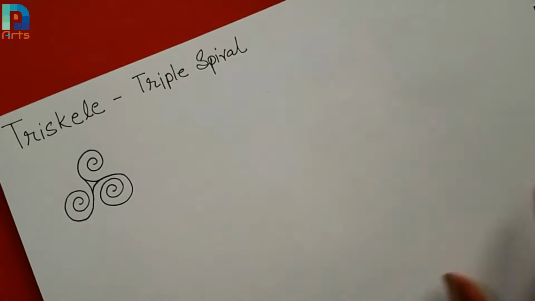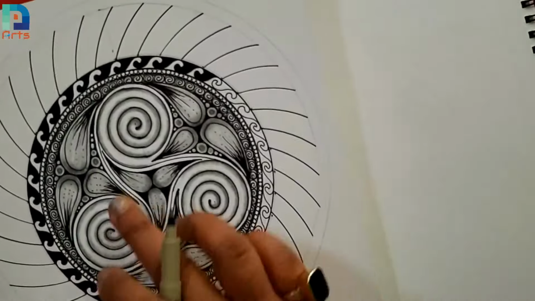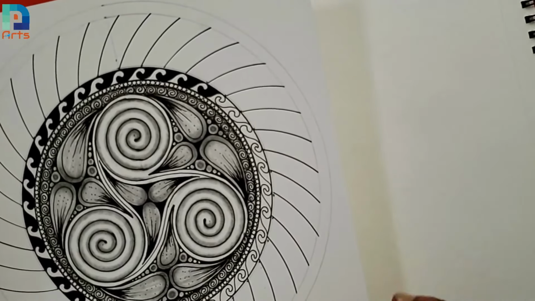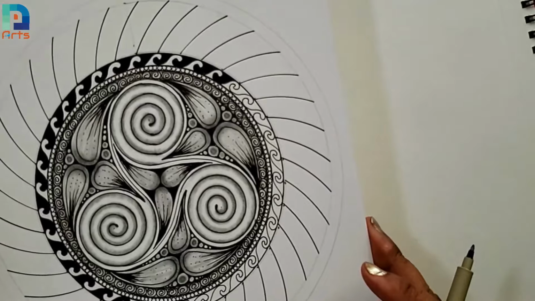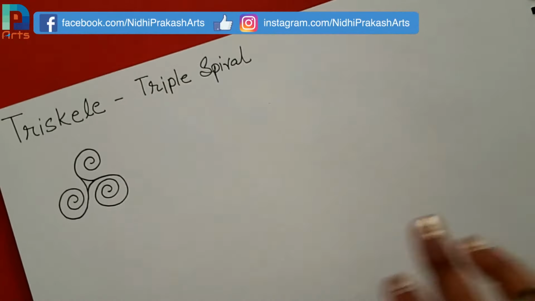And if you really want to learn how to draw the spiral perfectly, I uploaded a video day before yesterday where I showed how to draw the spiral perfectly. And in yesterday's session we drew the 3 spirals, the Triskele one. If you want to use the tools, you can watch that video.